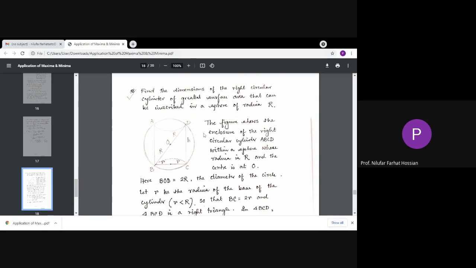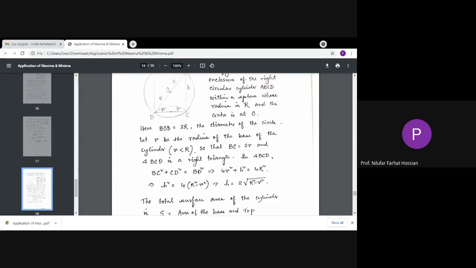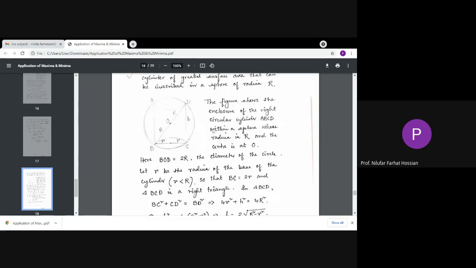So the figure shows the right circular cylinder ABCD within a sphere whose radius is R and the center is at O. Now BOD equal to 2R, yes, because it must be the diameter of the sphere. If the radius is R, then BOD, the diameter, will be of length 2R.